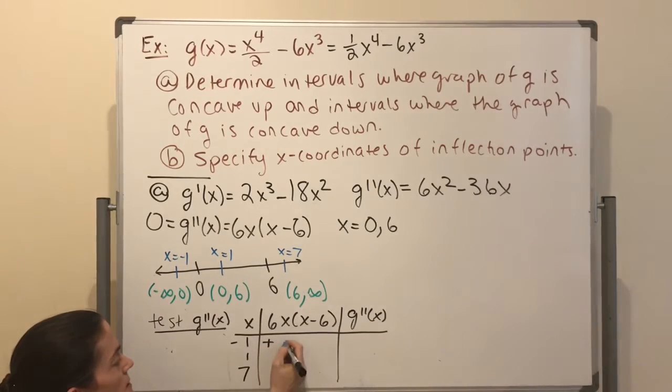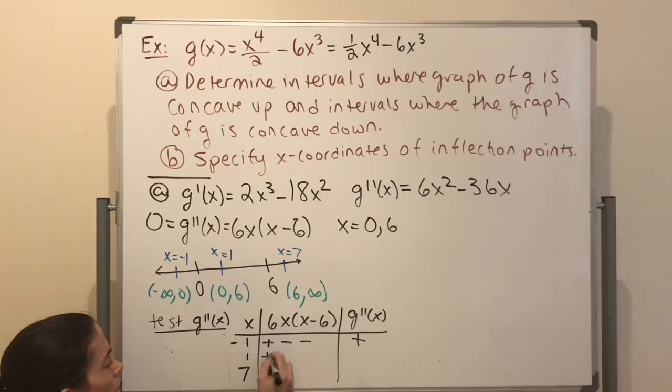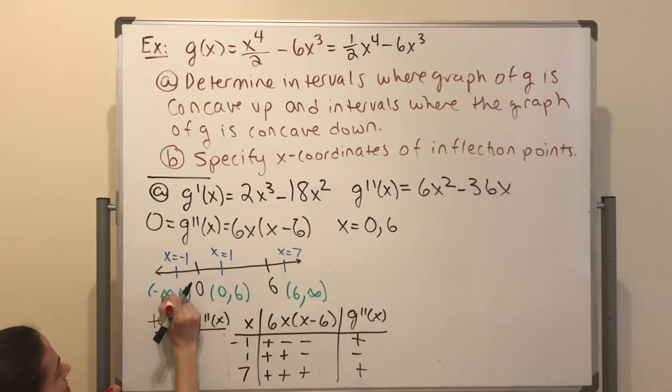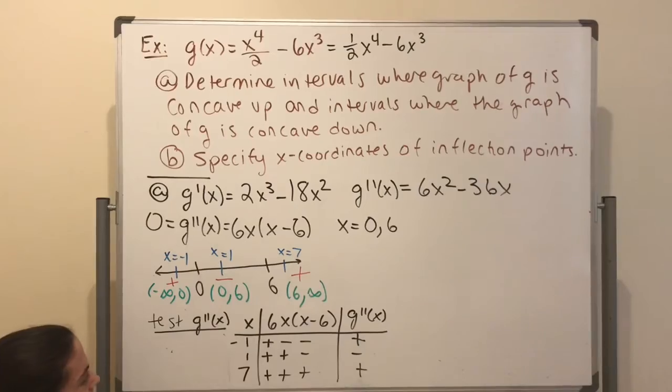6 is positive, this is negative, negative, the second derivative is positive. 6 is positive, positive, negative, second derivative is negative, and then positive, negative, positive. Okay?